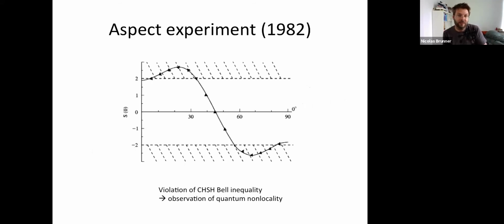But if you are in a space-like separated situation, okay, then you can rule out any model where the communication is at the speed of light. Okay, you could still think of models where communication goes faster than light, but then you go to really different physics. So here is the experiment that Alain Aspect was seeing. So here you see the horizontal axis is an angle.